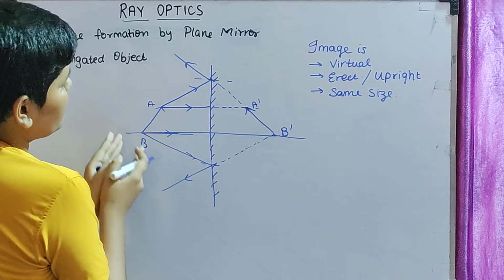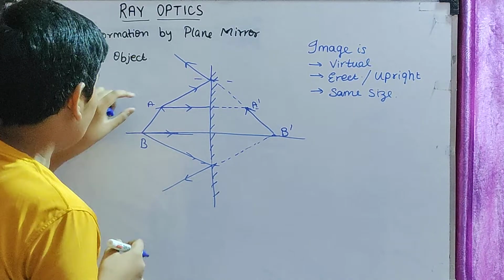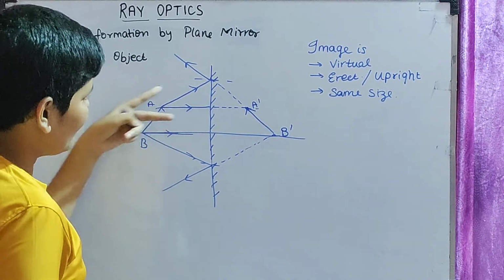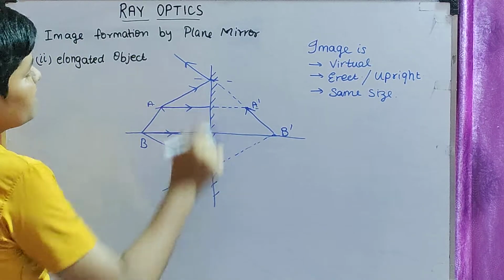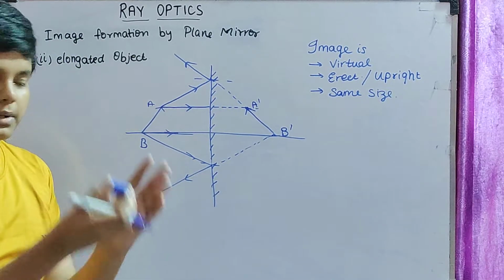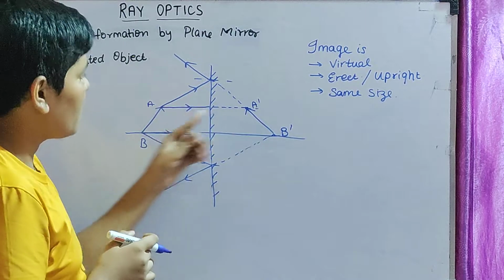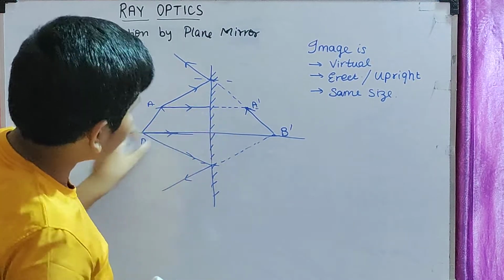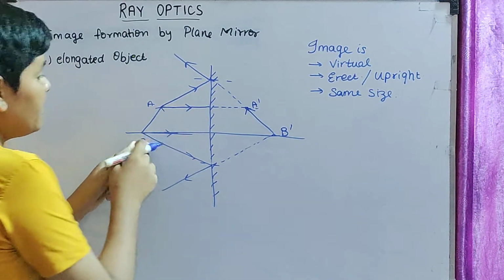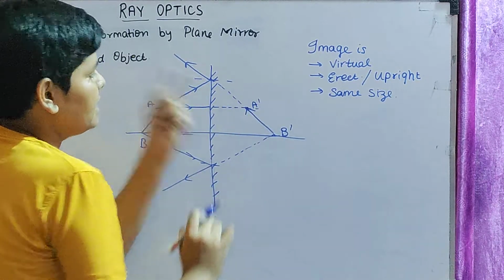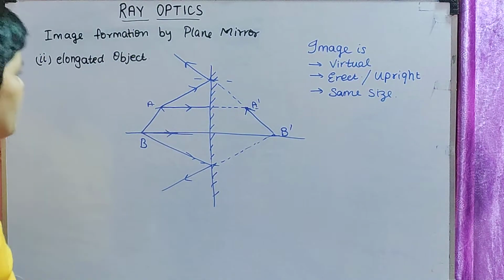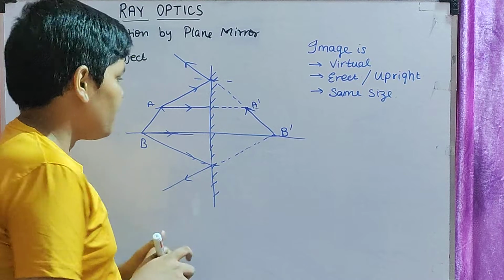So here we took an object AB, and from A we made two rays fall, one like this. Because they both are diverging, we need to produce them backwards. On producing backwards, they both meet at this point and they both meet at that point. So for B we make B dash, for A we make A dash, and then we get the image of AB. So we got one more point.